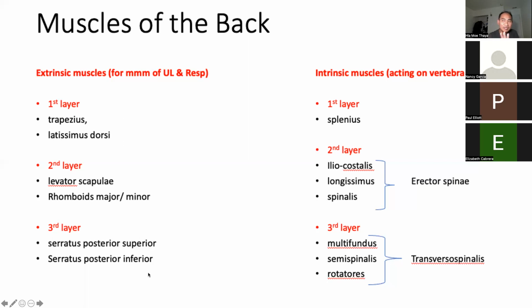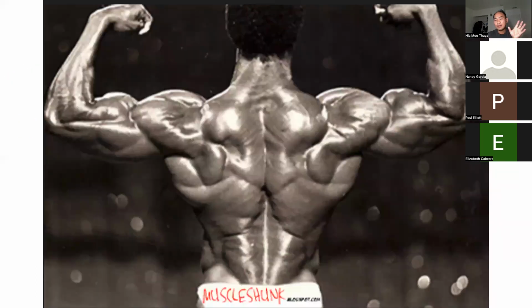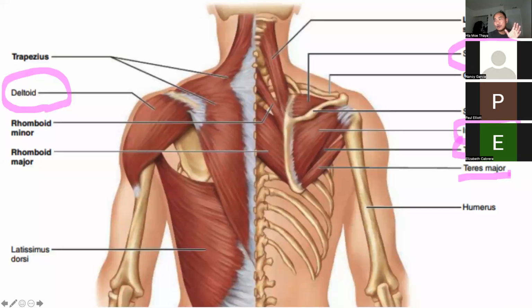Let's forget about that. Now we have studied two extrinsic muscles in the posterior aspect, the trapezius and latissimus dorsi. These are the first layer.